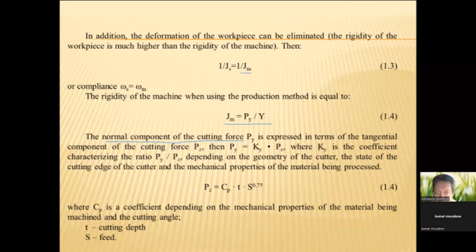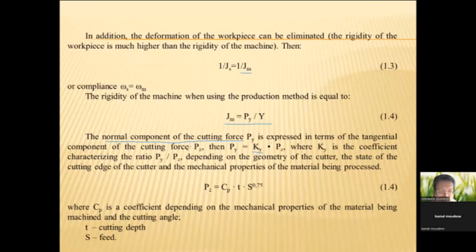In this formula, K suffix Y is the coefficient characterizing the ratio Py by Pz, depending on the geometry of the cutter, the state of the cutting edge of the cutter, and the mechanical properties of the material being processed.